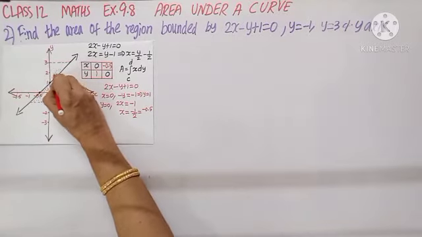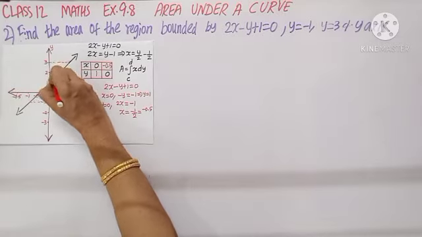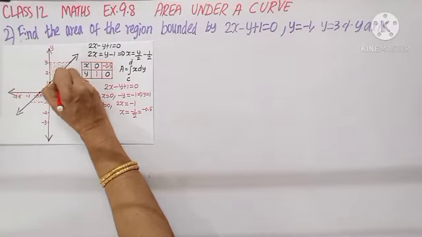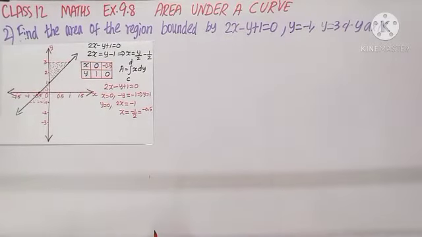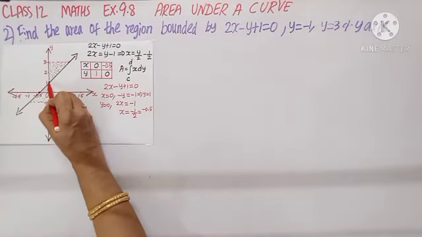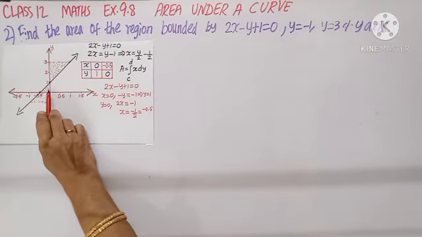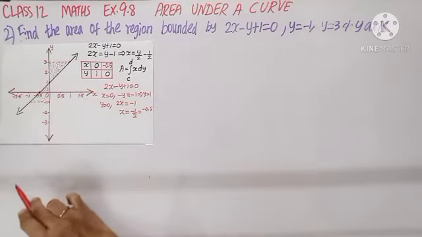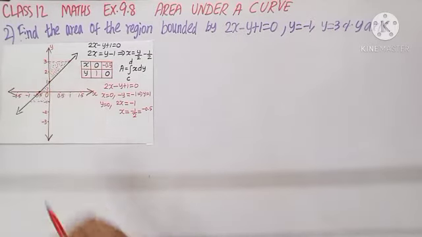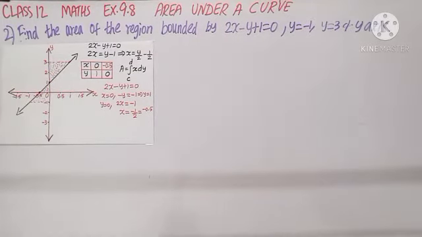In y-axis problems, to the right of the y-axis it is plus x dy. To the left of the y-axis it is minus x dy. So minus 1 to plus 1, it is to the left of the y-axis, and 1 to 3, it is to the right of the y-axis. So what is my formula?